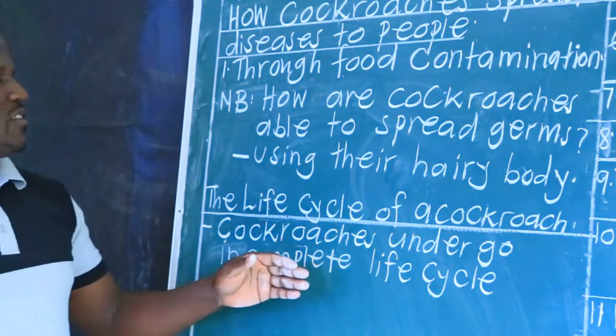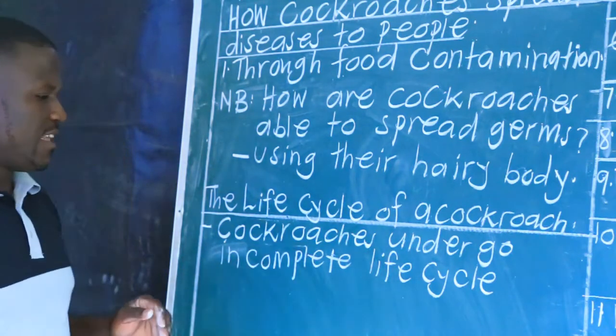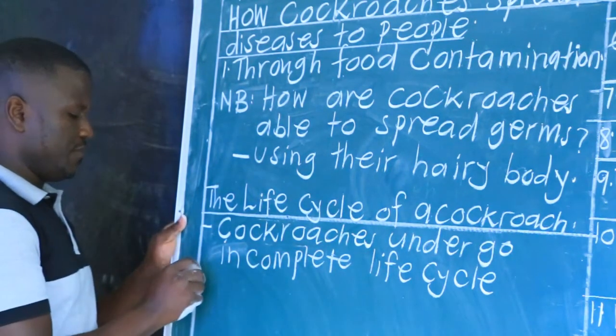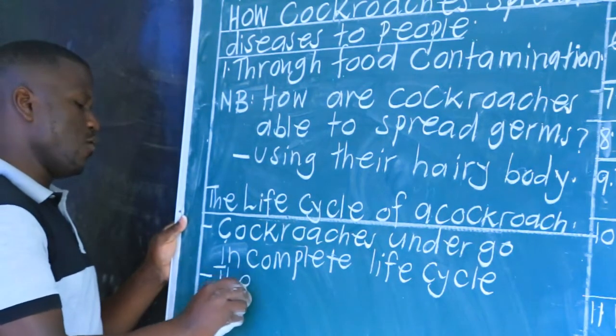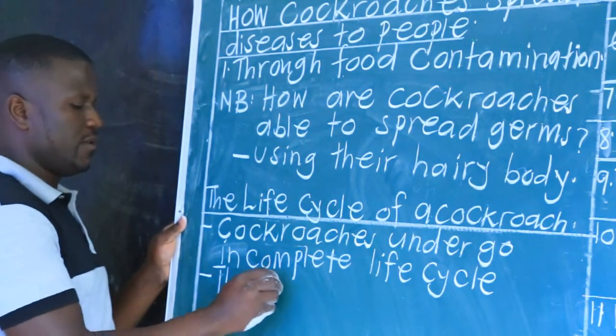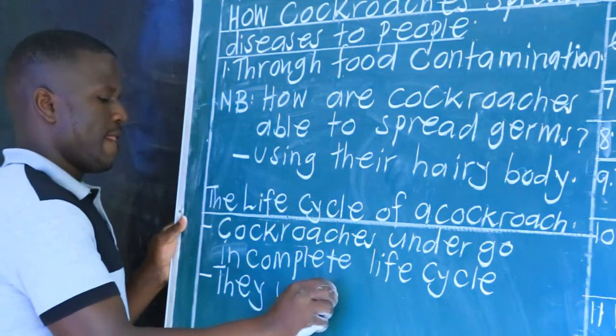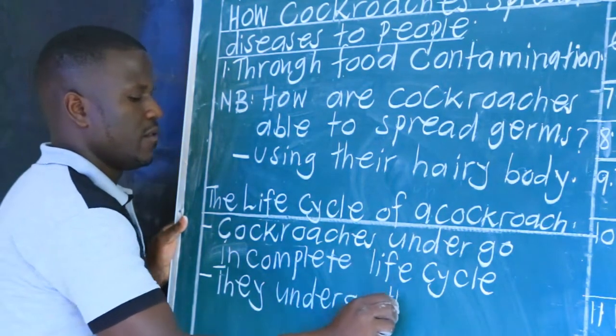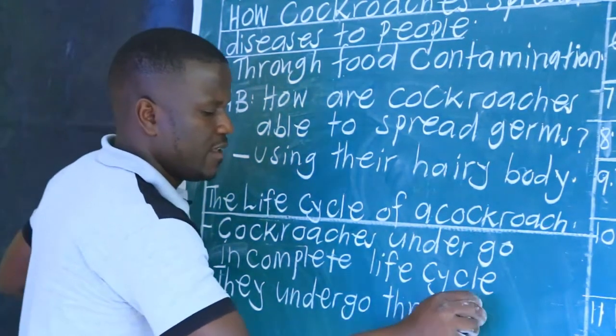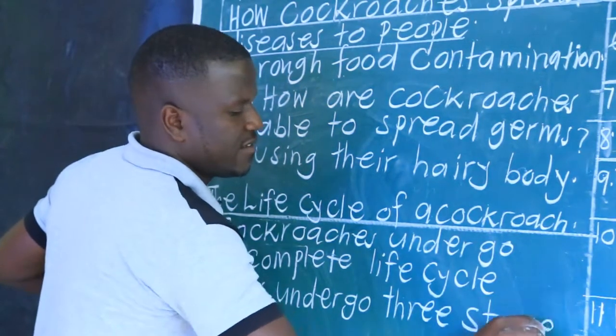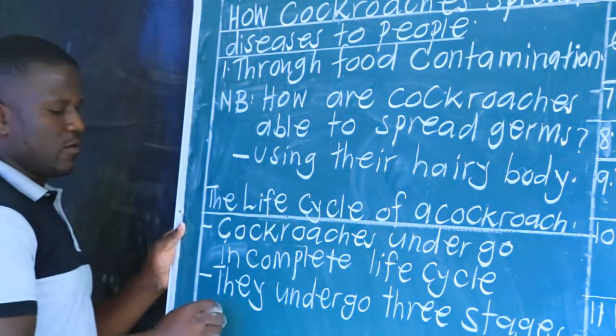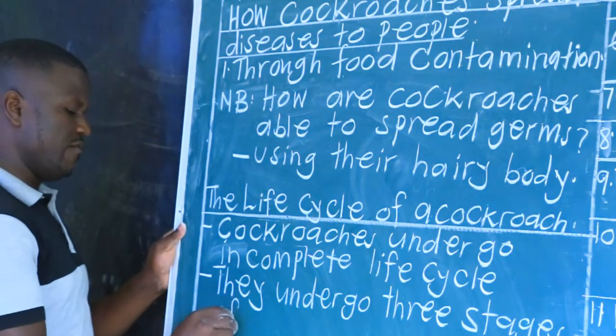When we say cockroaches undergo incomplete life cycle, this is what we mean. They undergo 3 stages of development.